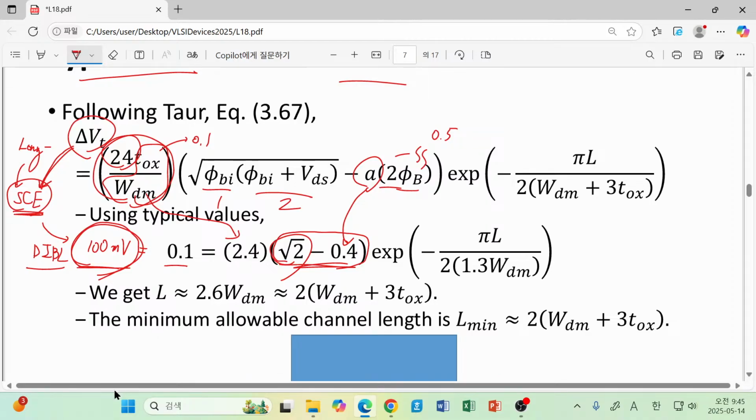As I told you before, the typical value we can endure is more or less a few 10 millivolt. If that happens, we will be quite happy with this technology. But if this value approaches some large number of 10 millivolt or exceeds 100 millivolt, that is not acceptable at all. So this is quite a reasonable approximation.